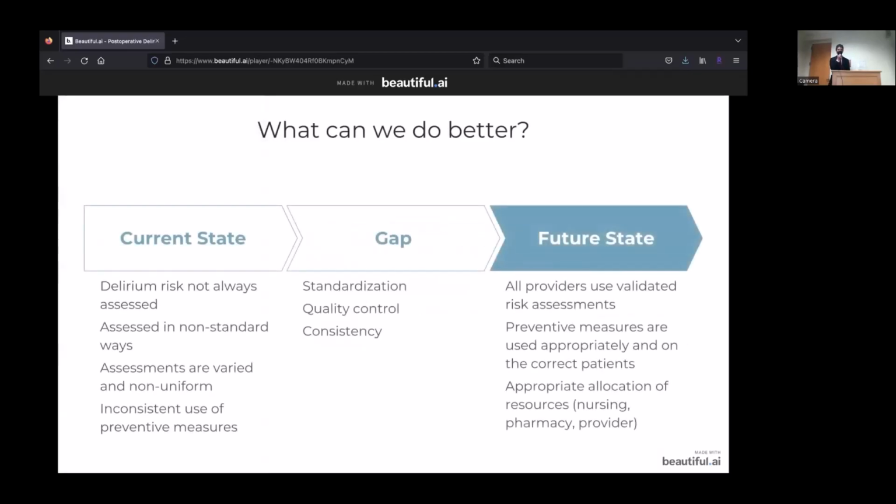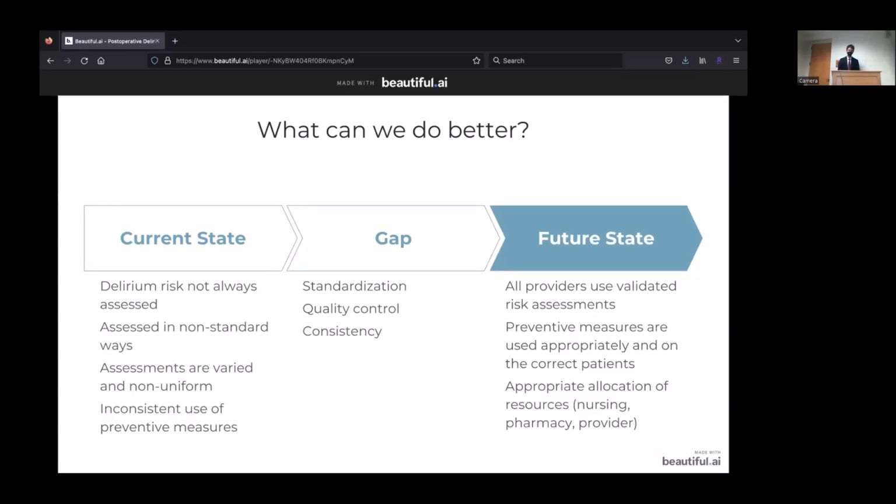So what can we do better? Our current state is that faculty on our service don't always assess delirium risk if they're not using our evaluation templates. It's often assessed in non-standard and non-uniform ways, and as a result, we have an inconsistent use of preventive measures. So the quality gap is largely in standardization and consistency.